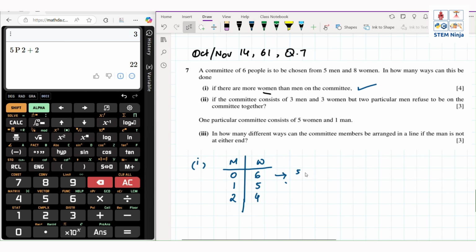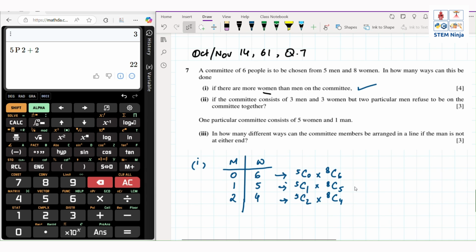So 5C0 times by 8C6. We have 5C1 times by 8C5 and 5C2 times by 8C4.